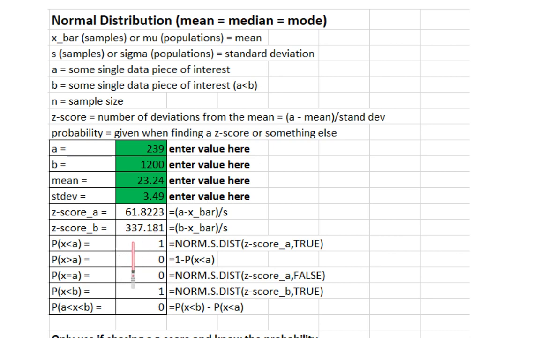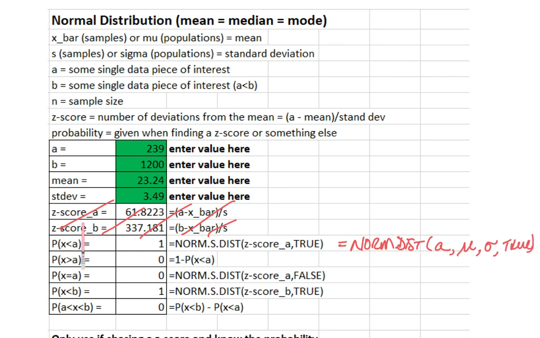Say I don't want to take the time to find the z-score, and I'm just not going to do it. Then what you're going to do is the norm.dist. You would grab whatever cell has your A value. You would grab the cell that has your mean. You'd grab the cell that has your standard deviation, and then you'd write true.